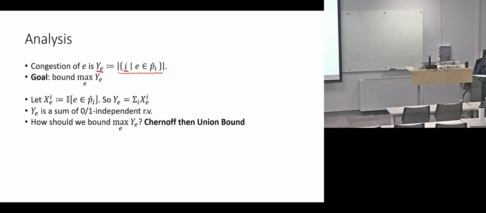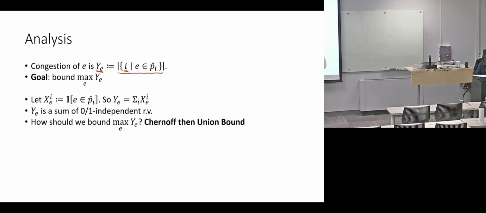Okay, and we want to bound this Y_e. So basically, you see that Y_e is a sum of 0-1 independent random variables, because it's a sum over all i, and for each demand pair we choose things independently.